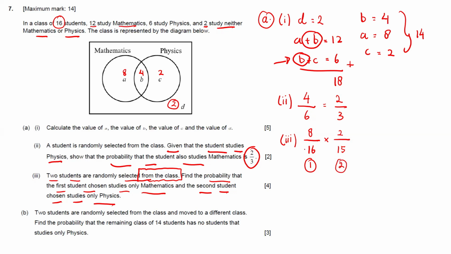That student is chosen. Now we only have 15 students on the second choice. Second choice, we want to pick the student who studies only physics, which is 2 out of 15. So if we simplify this, we have 1, 2, and then we can also simplify the 2 right there. It's going to be 1. 1 out of 15 is our answer.